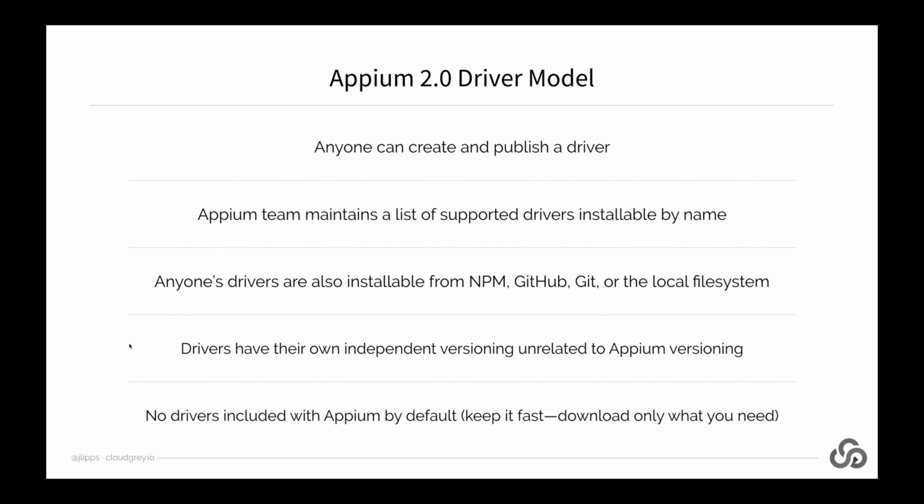And this is not what we want to happen. So that's why Appium itself will not come with any drivers by default. Whenever you npm install Appium, the next thing you'll do is appium driver install xcuitest, and then you'll get that driver. And if you need more, you can install more, but that's the basic idea.